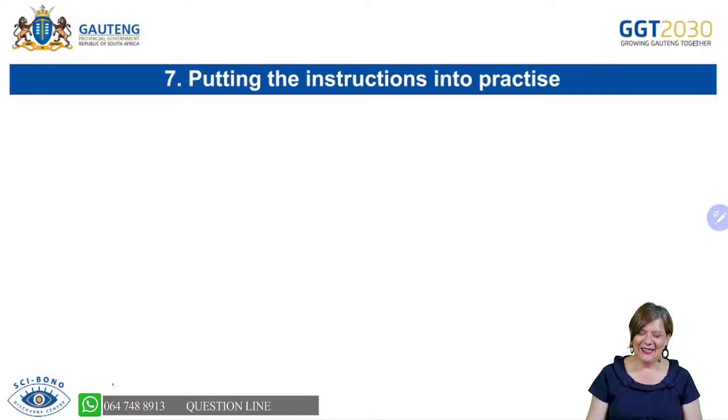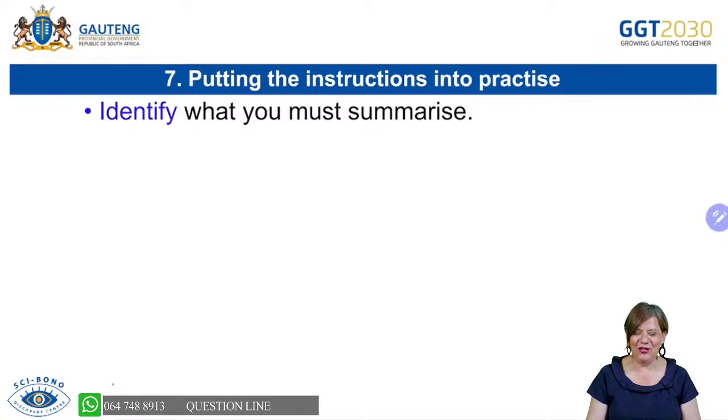Right. So how do I put the instructions into practice? Let me show you. First one, identify what you must summarize. We will never ask you to summarize the whole text. We'll give you a clear instruction as to what exactly we are looking for. Are we looking for the 7 benefits to stay healthy?